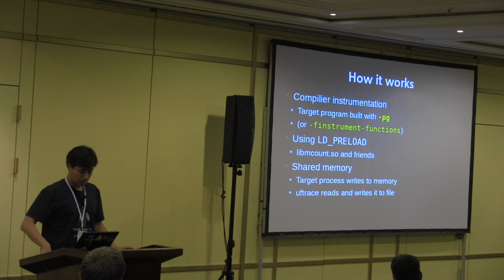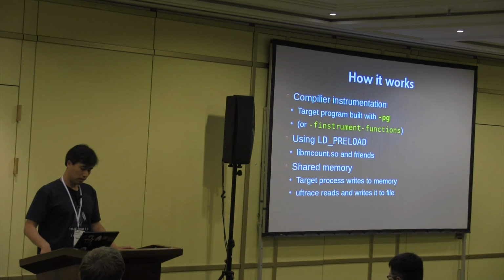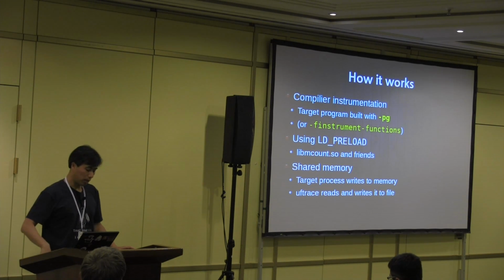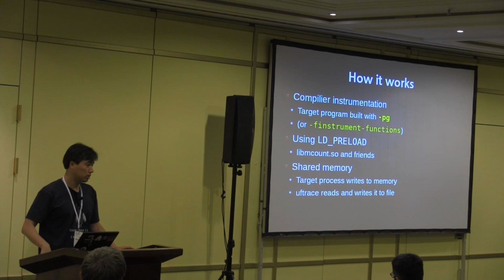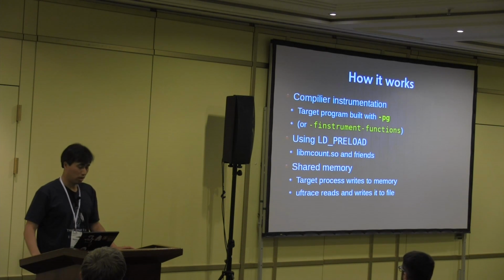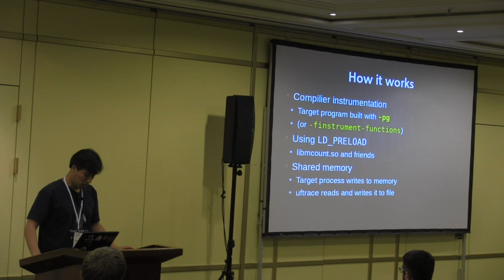This approach is sometimes useful since the target process might crash in the middle, but we can still have the trace data, since uftrace can still see the shared memory of the program that crashed.